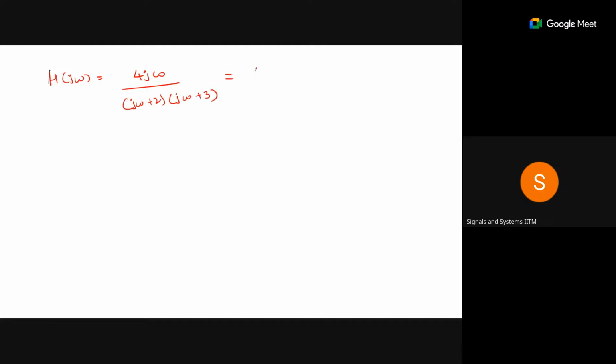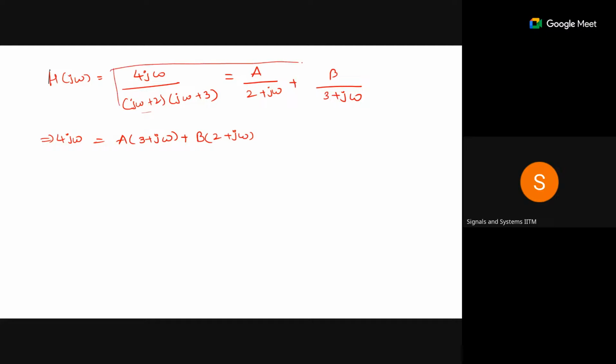So this can be written as a by (2 plus j omega) plus b by (3 plus j omega), right? For j omega, if we take the LCM, it will be a times (3 plus j omega) plus b times (2 plus j omega). I am cancelling the denominator on both sides and considering only this. Are you getting?